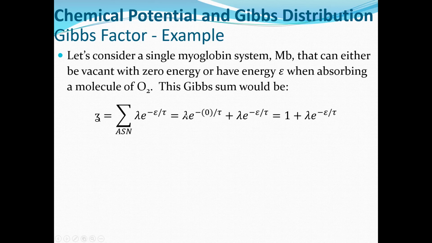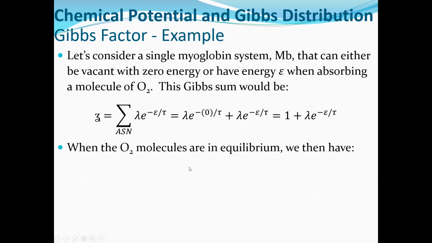It could either be vacant with no energy, or occupied with one energy. Then when they're in equilibrium, the mu values are going to be equal, which means that the activities are going to be equal.